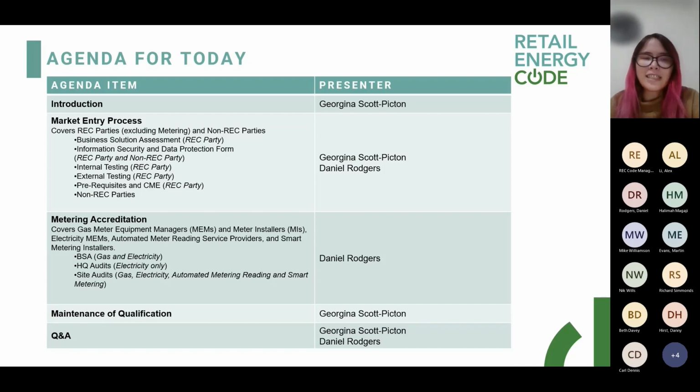The metering accreditation process will cover gas meter equipment managers and meter installers, electricity meter equipment managers, automated meter reading service providers, and smart metering installers. We'll then take you into the maintenance of qualifications section, which is your post-market entry requirements. This is a requirement for all REC service users, covering both REC parties and non-REC parties, and then we'll finish off with some Q&A.